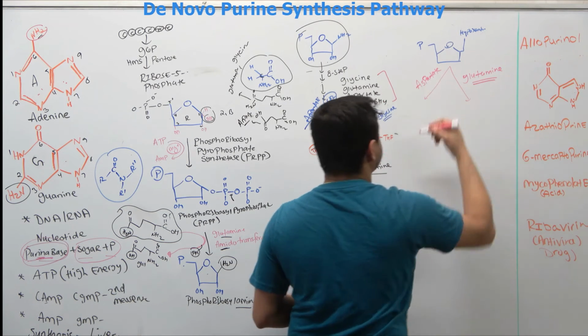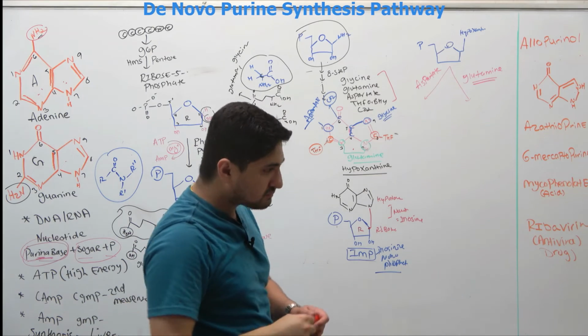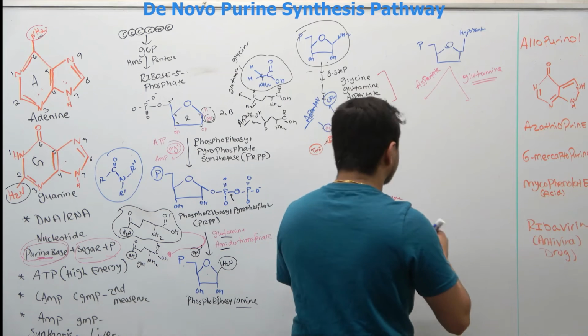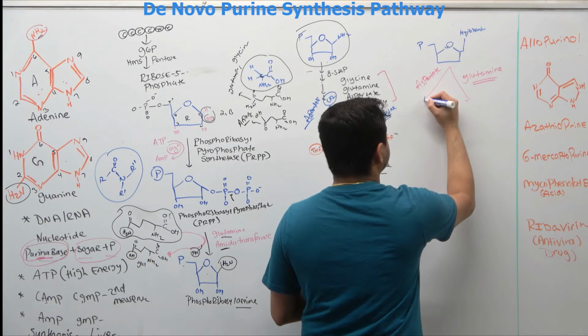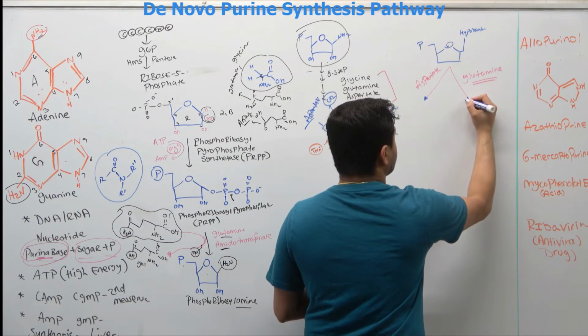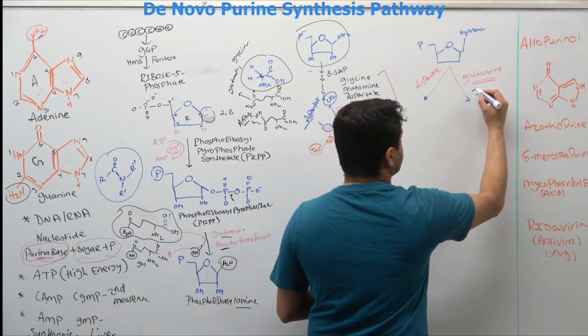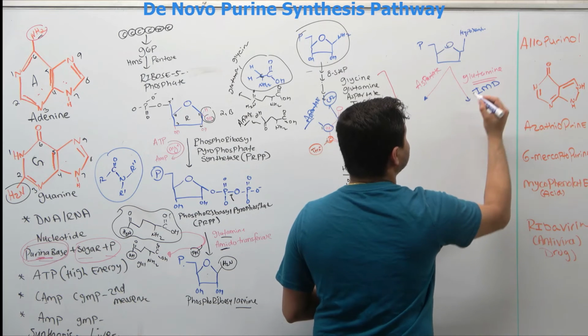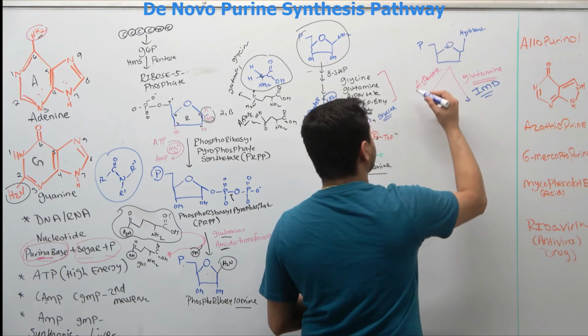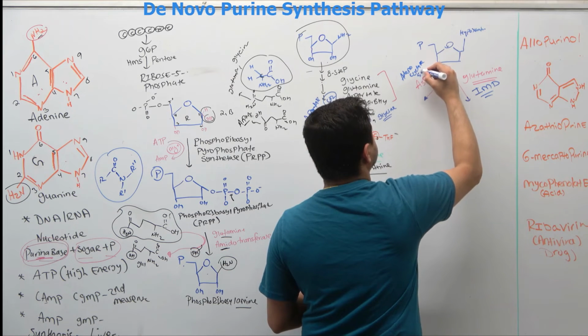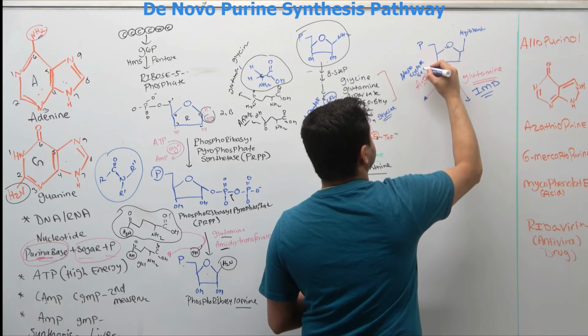That's because there are enzymes, for example, adenylosuccinate synthetase. And here there's another enzyme called inosine monophosphate dehydrogenase. And the other one is called adenylosuccinate synthetase enzyme.